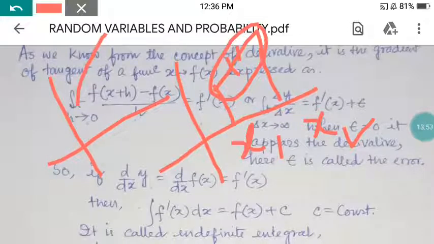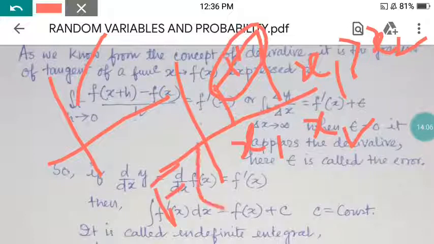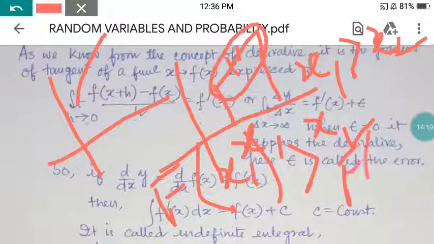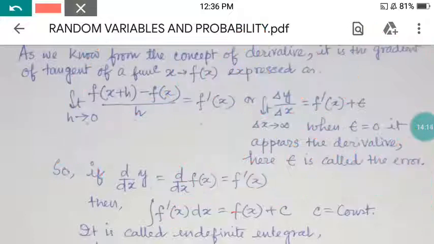Why? Because x1 is greater than x2, and we have already known that f of x1 is greater than f of x2. In this way we can consider.